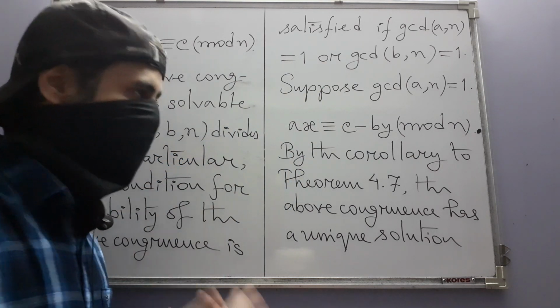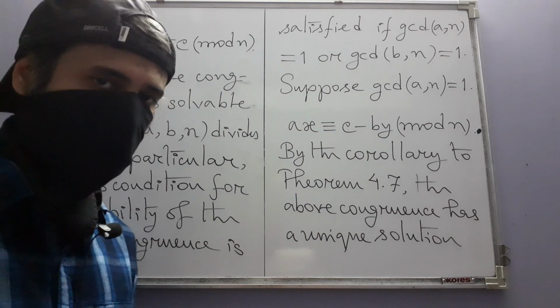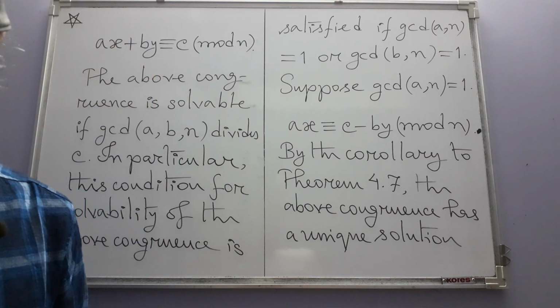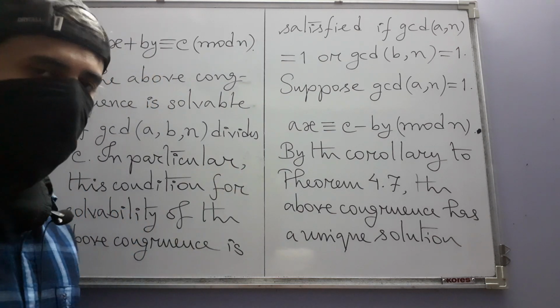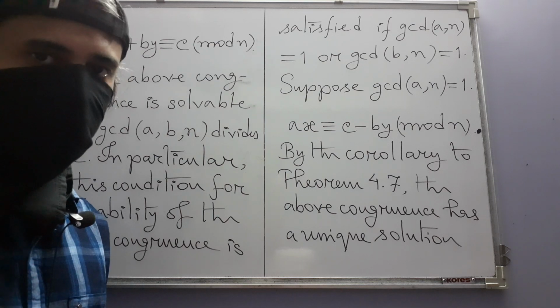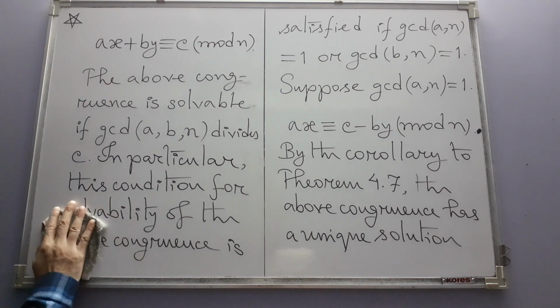If it is something else, say D, which is not necessarily 1, then this congruence would have D incongruent solutions. We have already seen this.